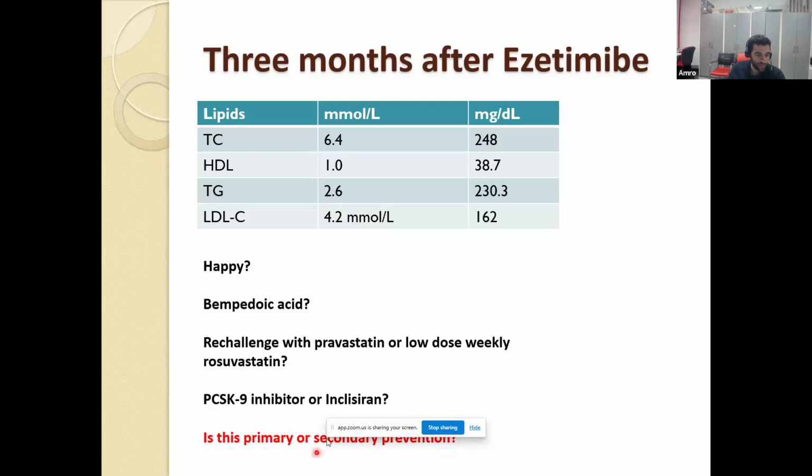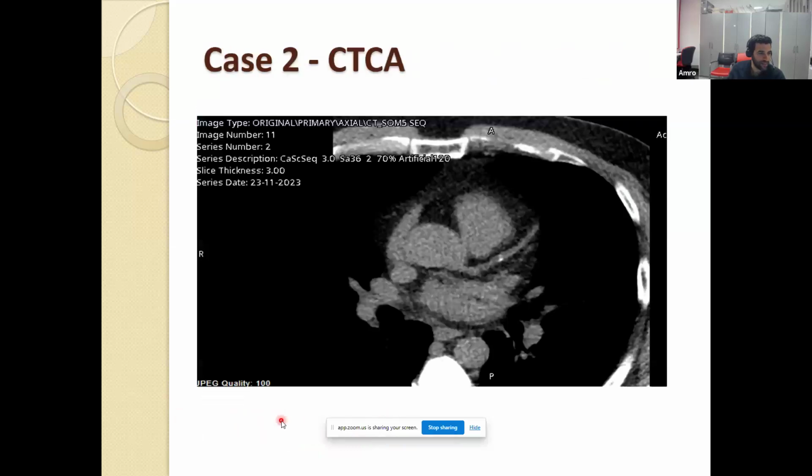So this person who's intermediate to high risk, we wanted to better risk stratify him, especially if we're going to use these drugs, which can only be used in the context of secondary prevention in the UK. So we want to risk stratify him, and offer the opportunity to use these drugs, which cannot be used in primary prevention.